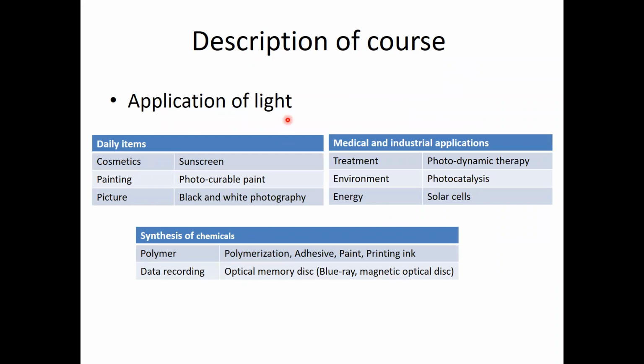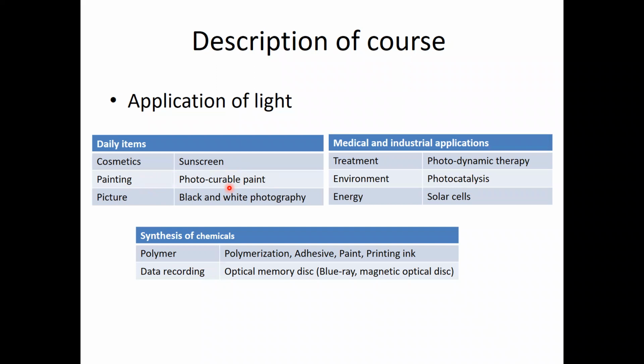And here is a list of applications of light in industry. In daily items, in cosmetics, as I mentioned, sunscreen is used for protecting against sunburn. In this material, various inorganic materials such as TiO2 and zinc oxide are used. In painting, photocurable paint is used, meaning the paint must be stable on the surface.